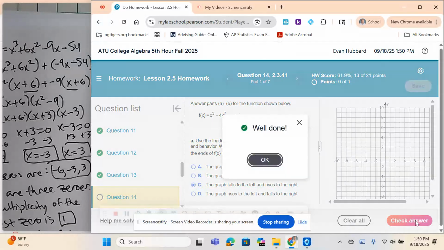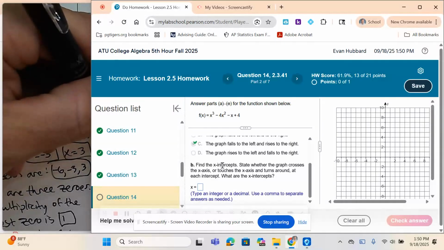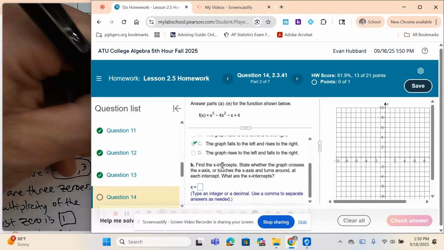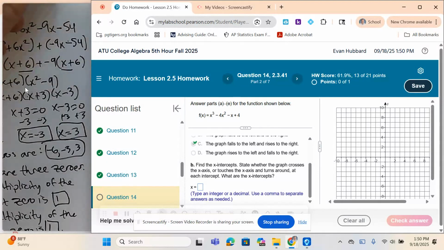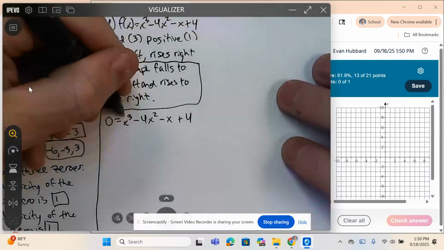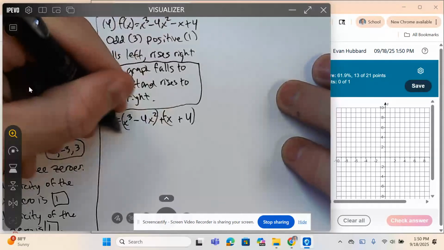Find the x-intercepts. So we have to make it equal 0. So 0 equals x cubed minus 4x squared minus x plus 4. So the parentheses are on the first two, and on the last two. What do these two have in common?